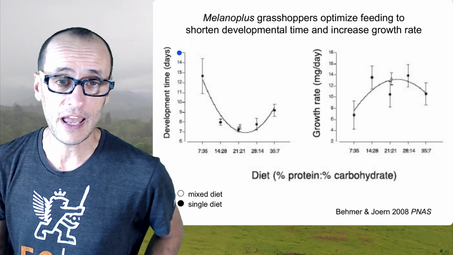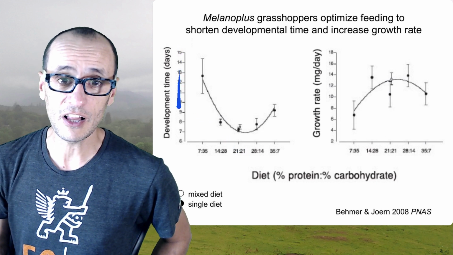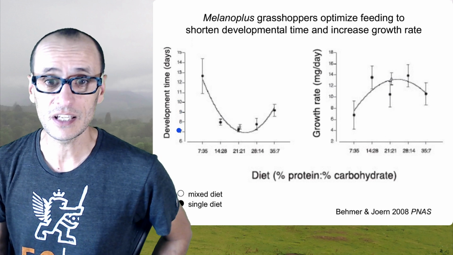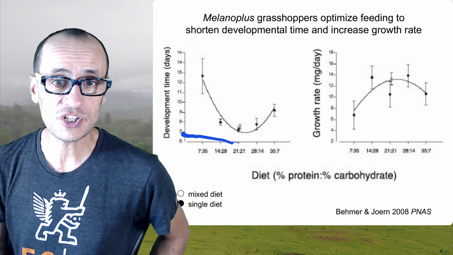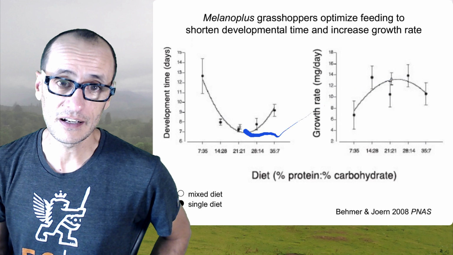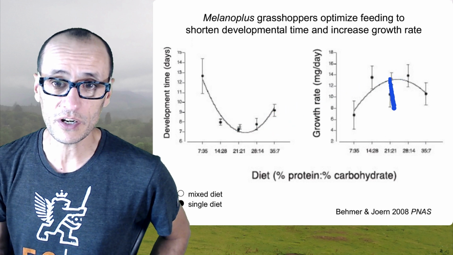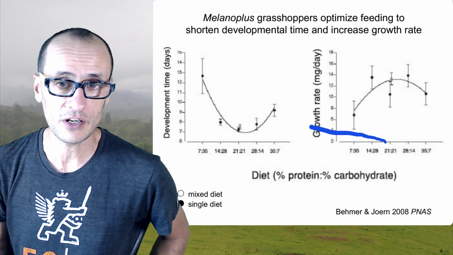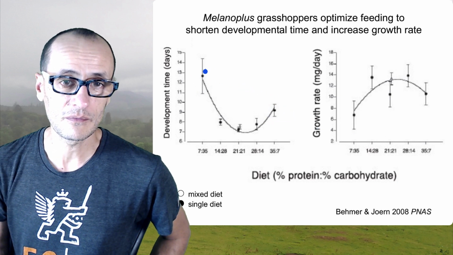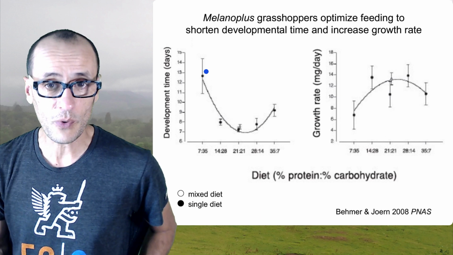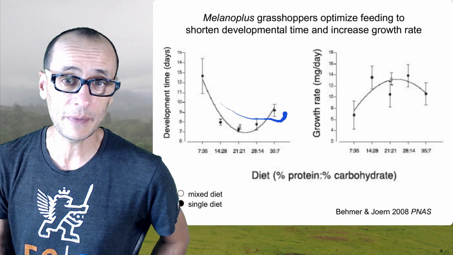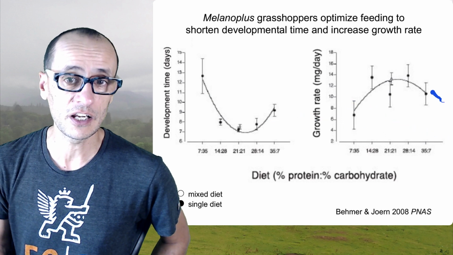And what Behmer and Joern found was that the developmental time of grasshoppers that were fed plants or a diet that had about a 1-to-1 ratio was shorter. Insects developed quicker on plants with this particular ratio. When there was a deviation away from this ratio, there was either an increase in development time and a decrease in the growth rate.